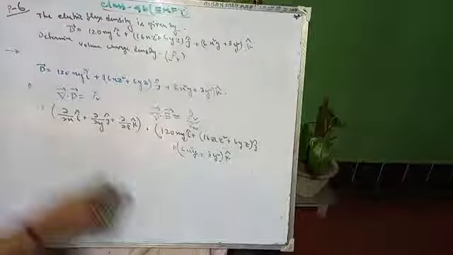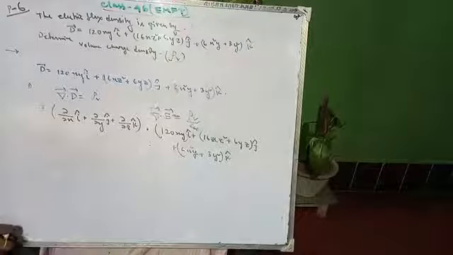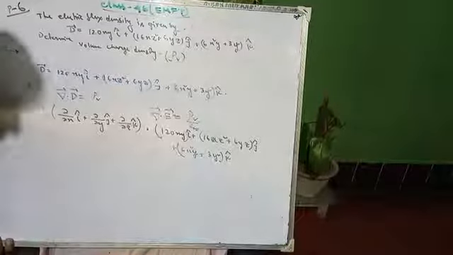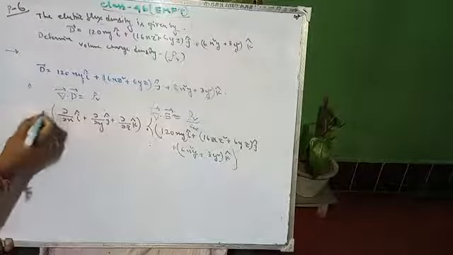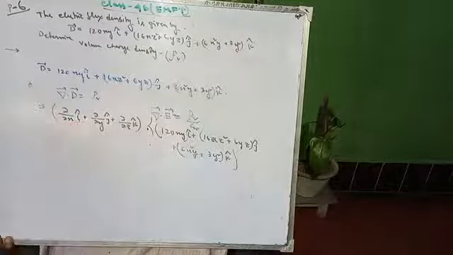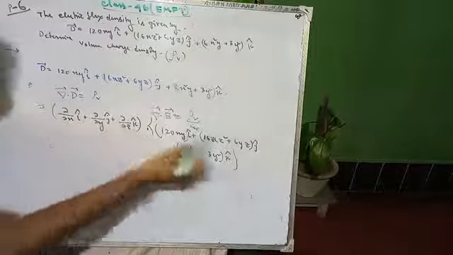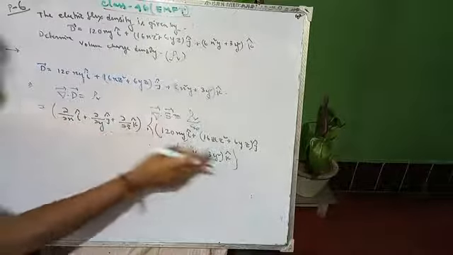So you have to apply the dot product. Now applying the dot product, i dot i will be 1, j dot j will also be 1, and k dot k is also 1.